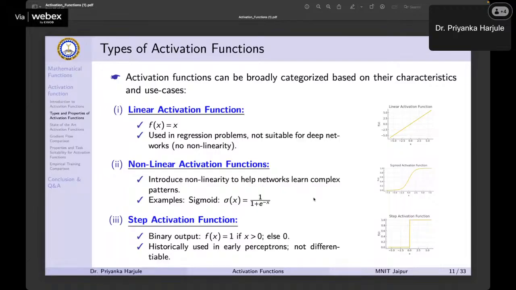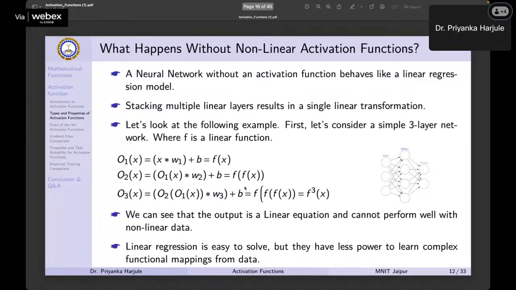So the activation functions that are used in the deep learning models are the nonlinear activation functions, which we will see more about. So before that, let us see if we did not have the activation functions at all. As I already mentioned, without the activation function, a neural network behaves just like a linear regression model. It becomes just a series of linear transformations, that is multiplying by weights and adding biases.